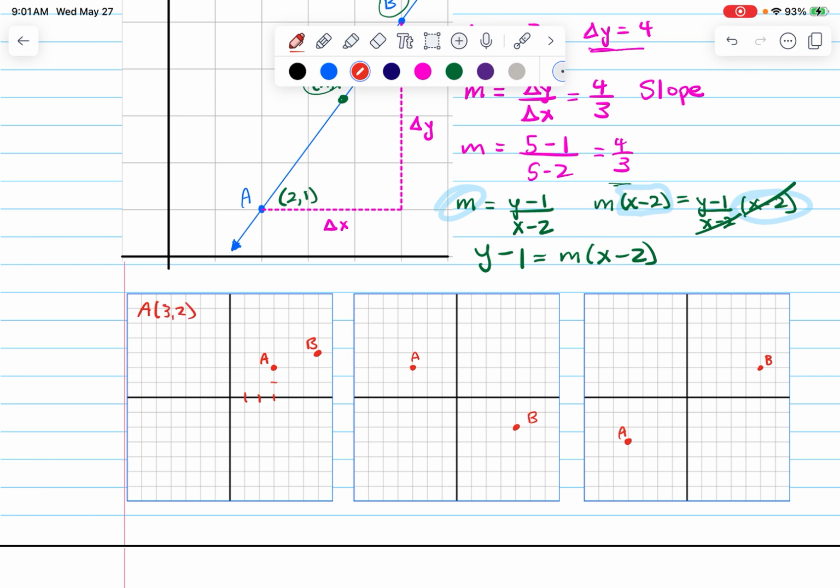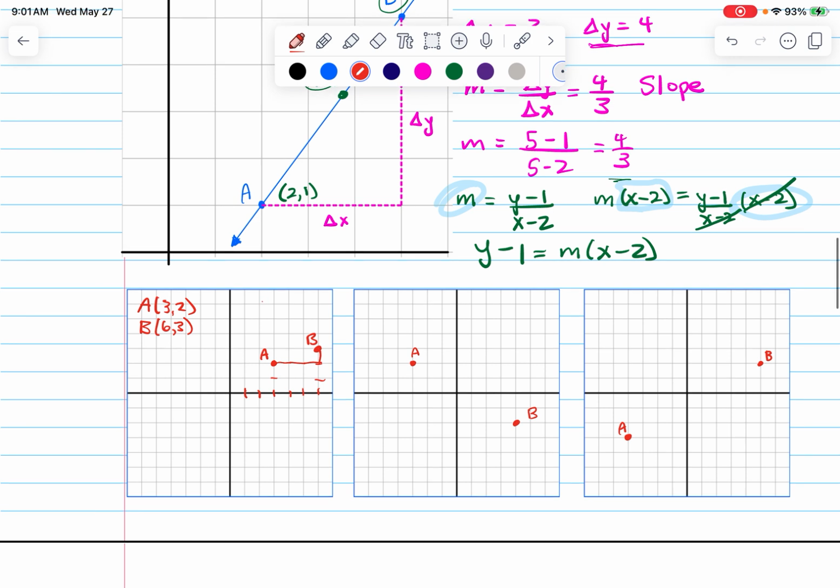Now let me get the slope. Let me figure out what B is. B is the point 3, 4, 5, 6, and 1, 2, 3. 6, 3. Okay? Now notice I could just say, okay, well, this is 1, 2, 3, and then up 1. So I know for sure that delta x is 3 and delta y is 1.